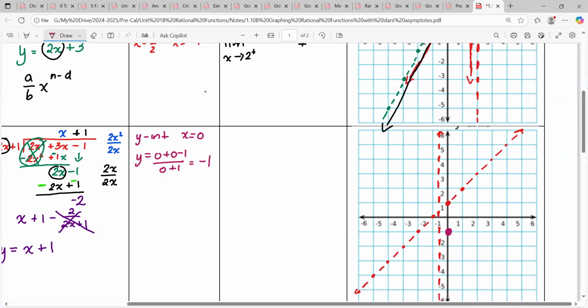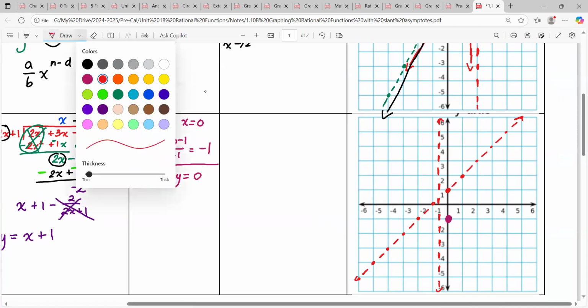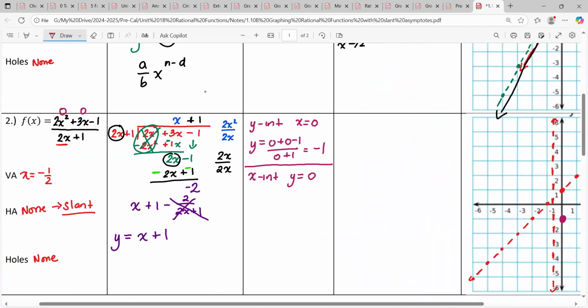And my x-intercept, this one's a little bit tricky here. X-intercept means Y is equal to 0, or that's when my numerator is equal to 0. What's my numerator here? We already said this wasn't factorable, correct?